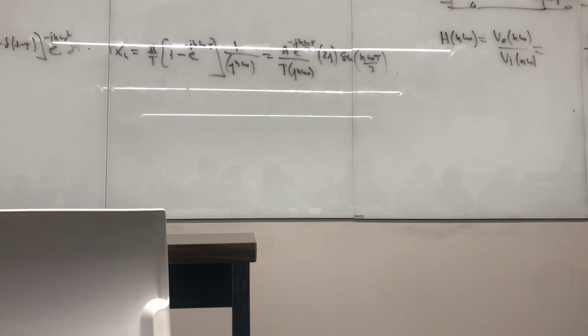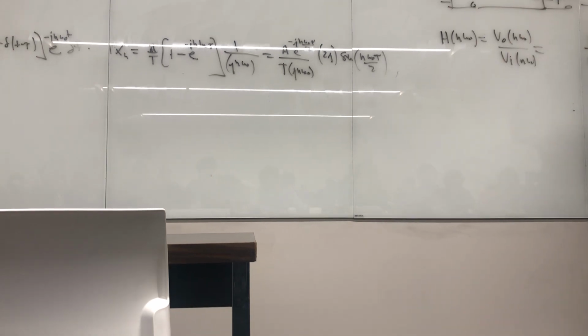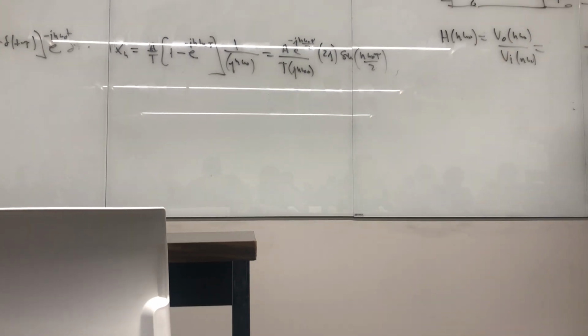Do y'all agree with that? I want to put this in a form that I understand a little bit better. So what I'm going to do is multiply top and bottom by j n omega naught C. I'm not saying you have to do it this way. So I have j n omega naught C times R over really 1 plus j n omega naught C times R.